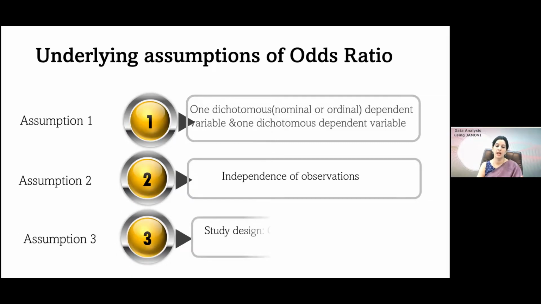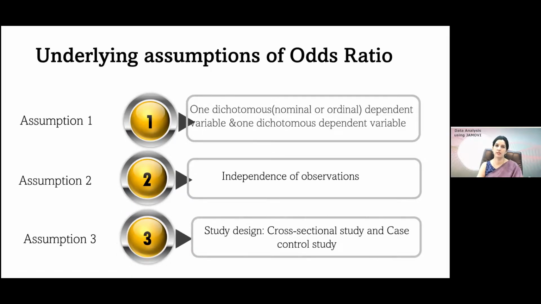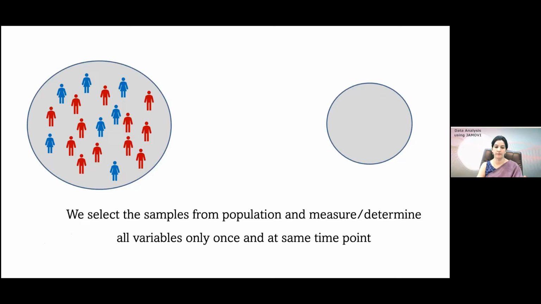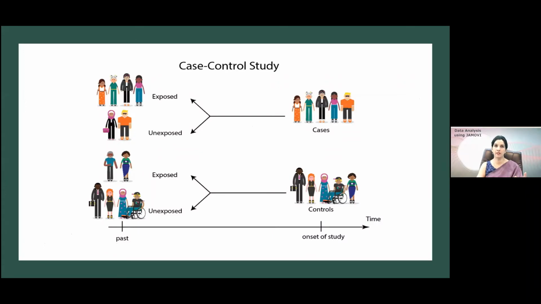And assumption 3 is that, again, it is usually done in an analytical cross-sectional study or a case control study. In this case, we select a sample from the population and we measure all variables only once, at the same time point. This is an example of analytical cross-sectional. And in a case control study, we have cases and we have an equal number of controls, maybe, or you can have maybe 1:2, 1:3, or 1:4, depending on your requirement.